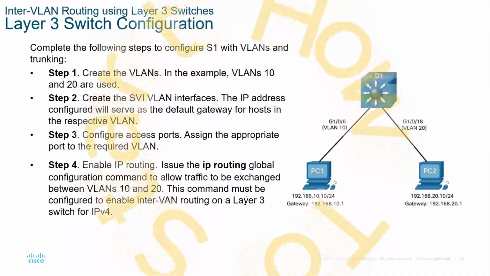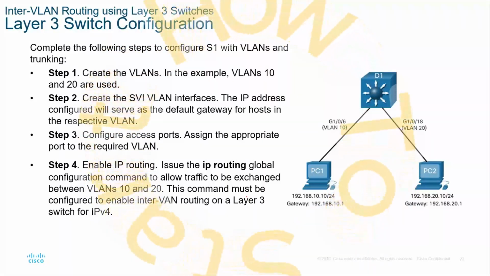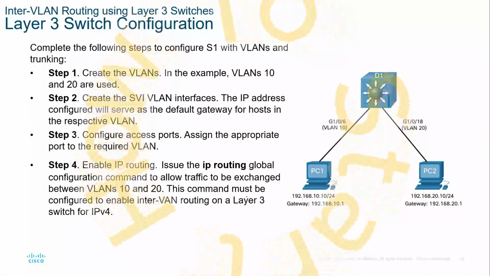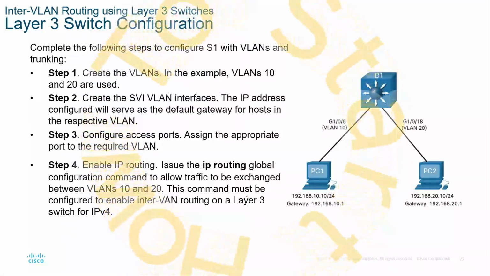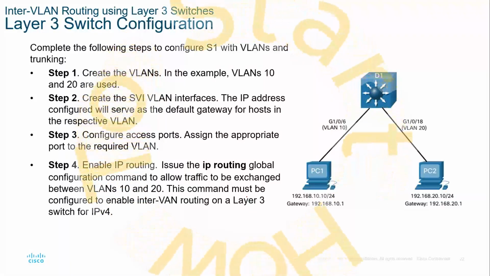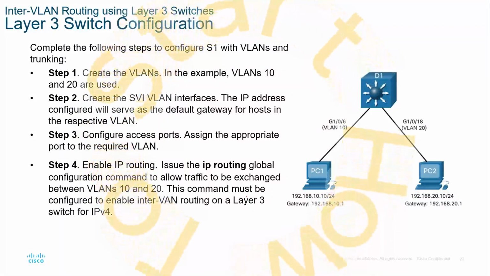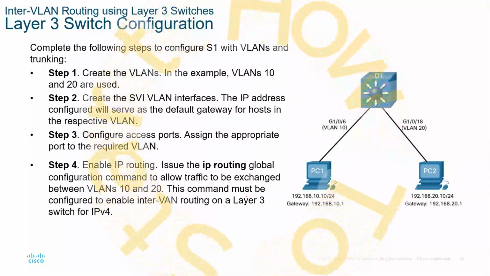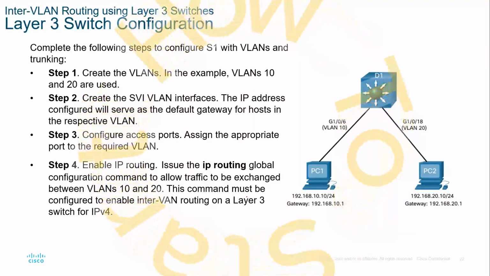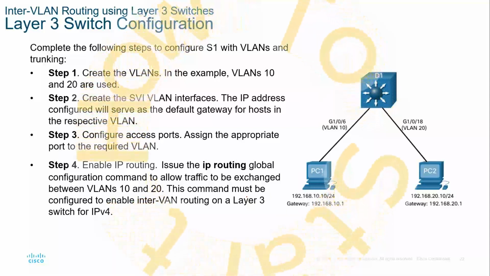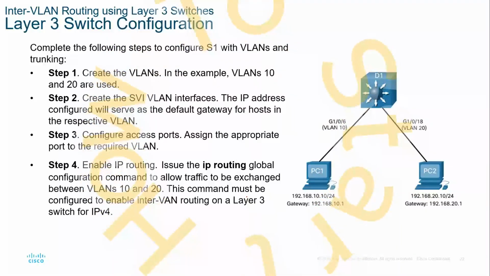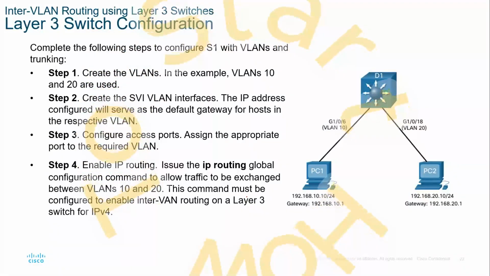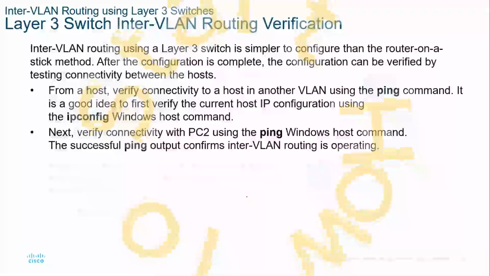This will allow traffic to be exchanged between the VLANs. This allows the switch to actually process the different packets, looking at layer 3 information, and then forwarding them appropriately. If IP routing is not turned on, then this switch will act just as a layer 2 switch, only looking at the MAC address and not allowing for inter-VLAN communication.